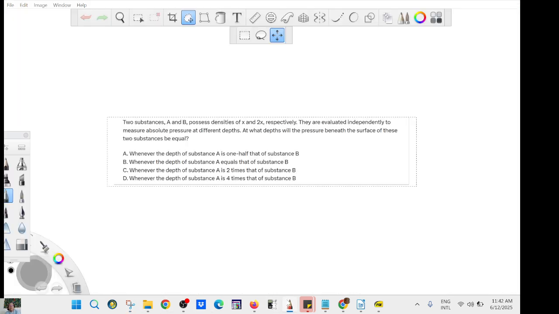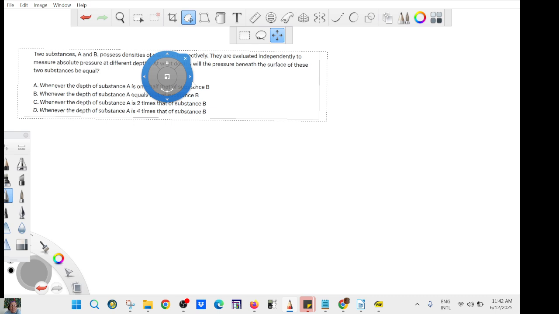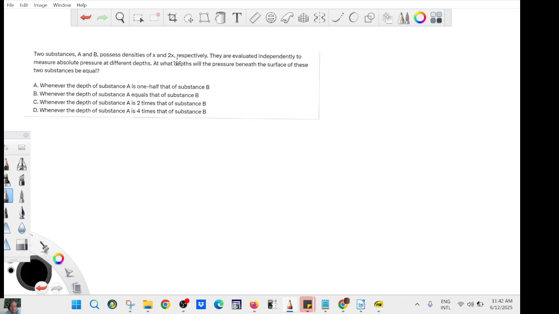So pause the video and try to do this. Okay, so you have two substances, and one has a density twice the other.